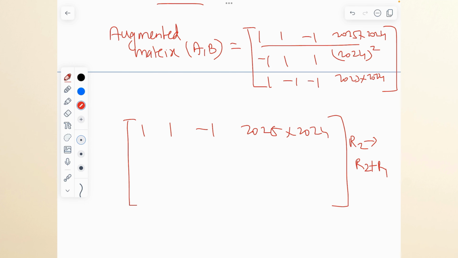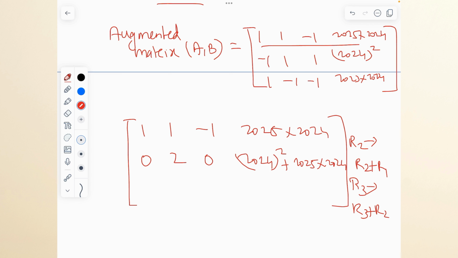So minus 1 plus 1 becomes 0, 1 plus 1 is 2, and minus 1 plus 1 is again 0, then 2024 the whole square plus 2025 into 2024. Next, R3 is R3 plus R2.